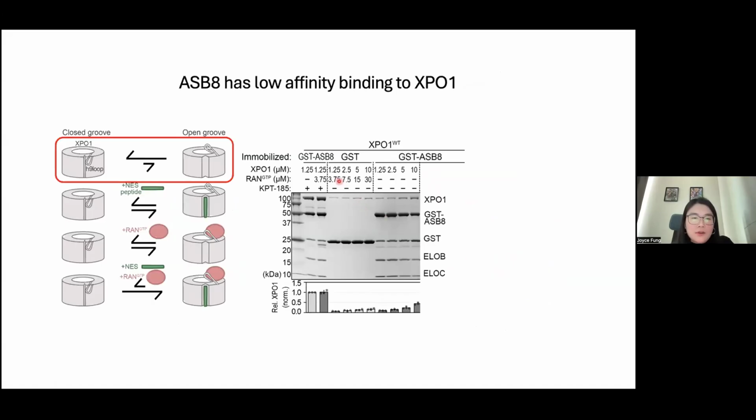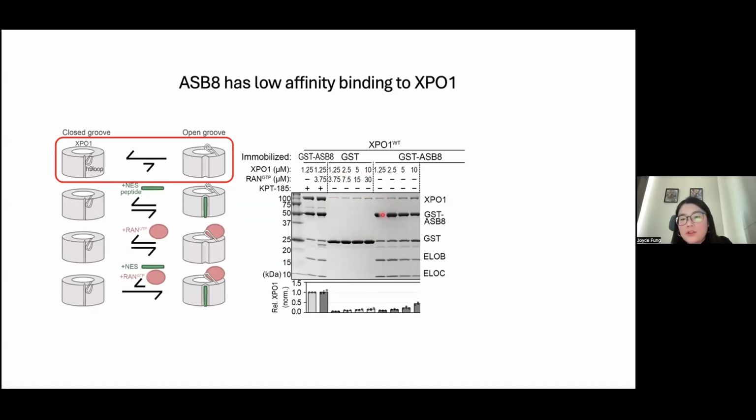First, I want to show you that we did observe low affinity binding without inhibitor if we titrate up the Expo1 concentration. So here is the same pull-down assay with GST. This is the background, establishing background binding to Expo1 as we go up in concentration from 1.25 micromolar to 10.